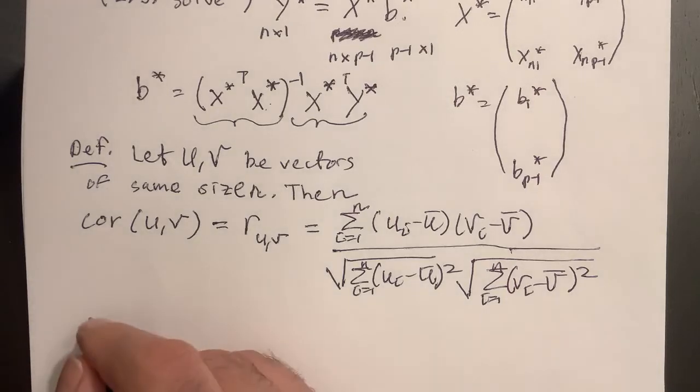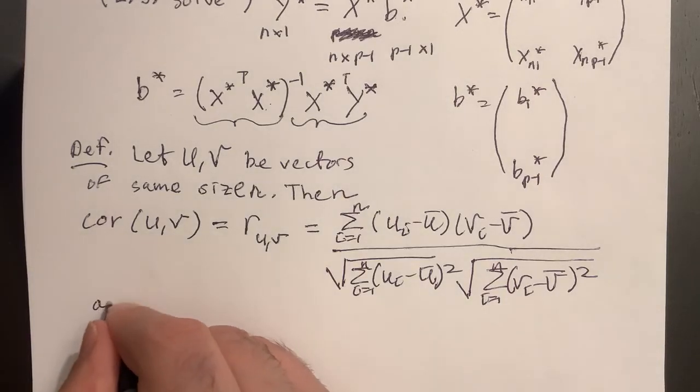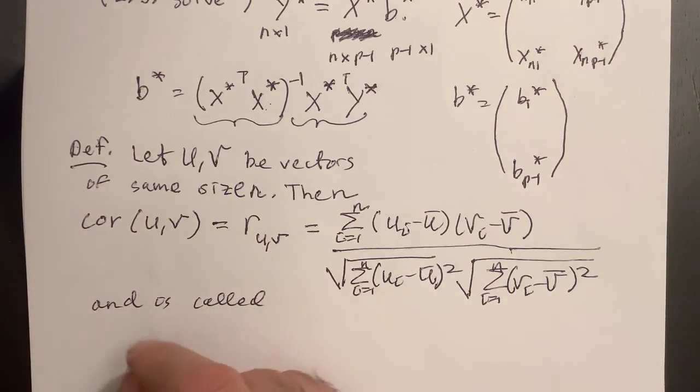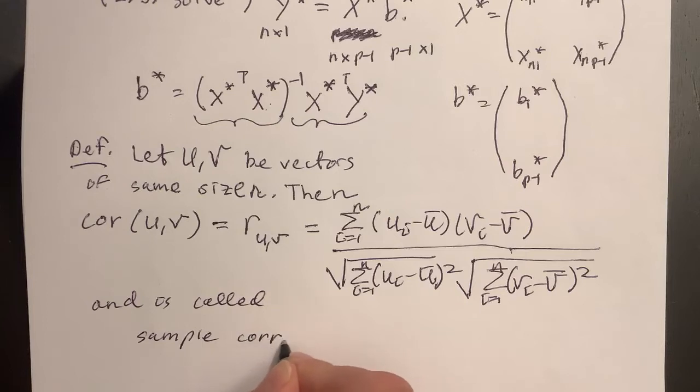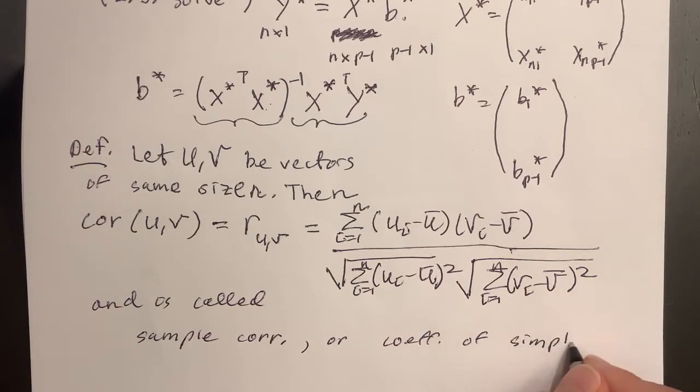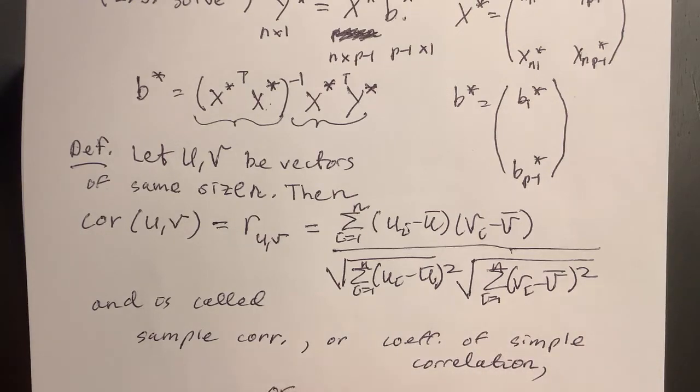So we can call this sample correlation, or coefficient of simple correlation, or just correlation.